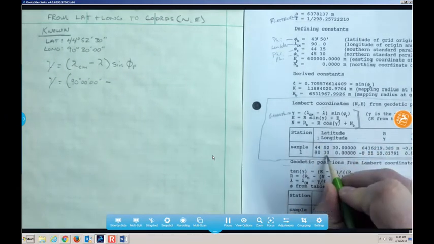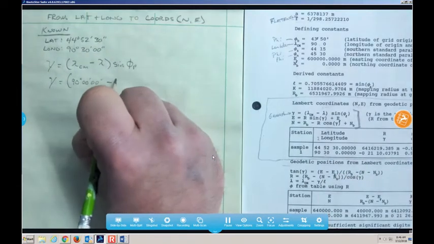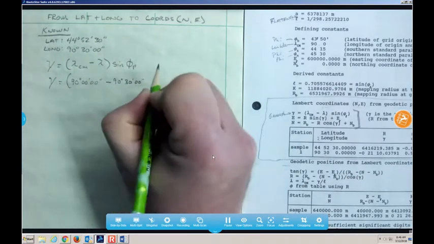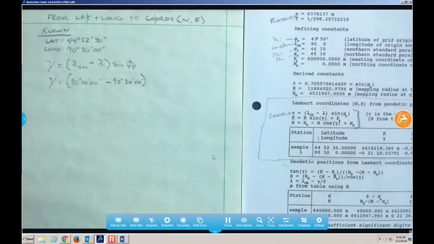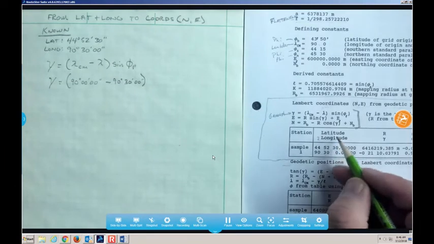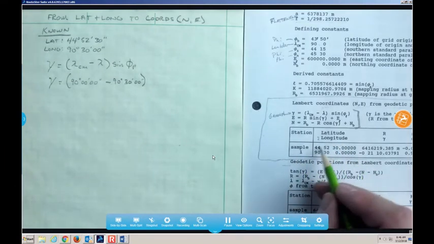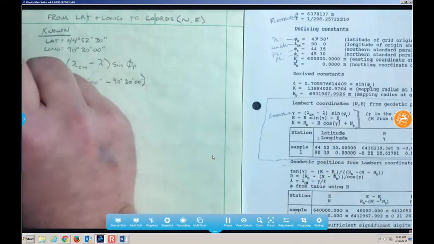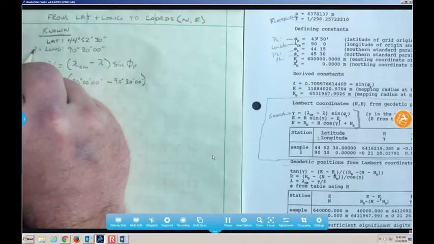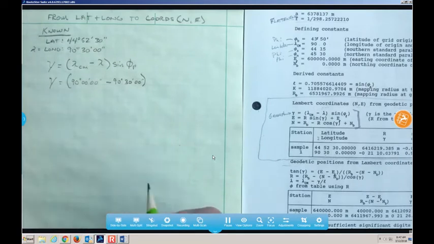So the longitude is lambda, 90 degrees, 30 minutes, 00 seconds. That was the longitude given to us. This is all the given information, right? I should probably write lambda up here.